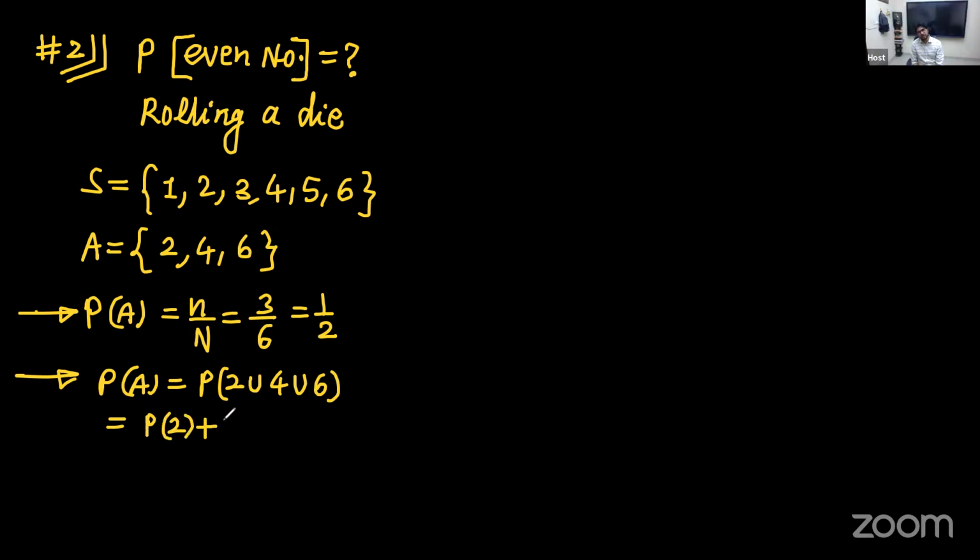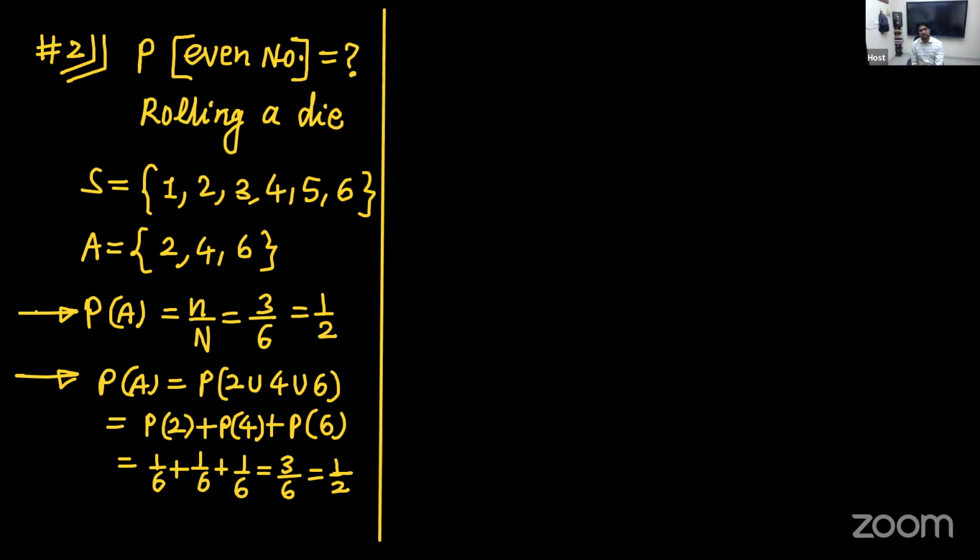So probability of 2, and probability of 4, and probability of 6. Each is 1 upon 6. That becomes 3 upon 6, that is 1 upon 2. So you get exactly the same result following either the axiom or the favorable upon total approach.